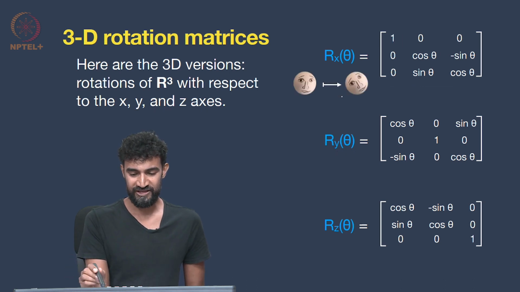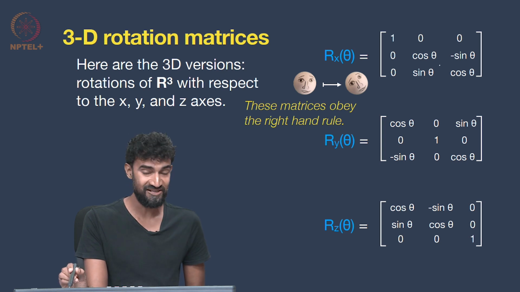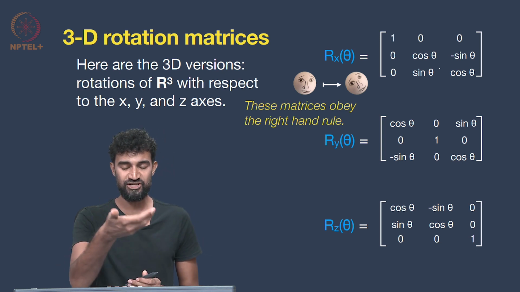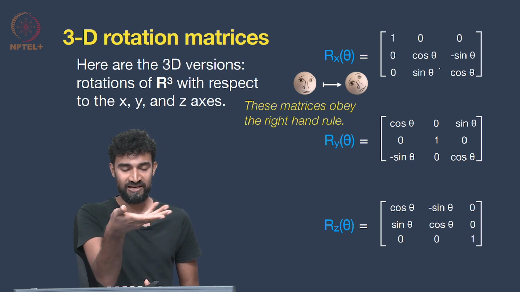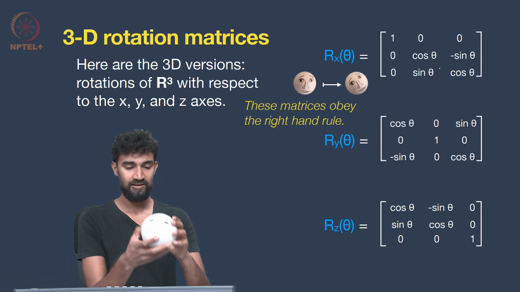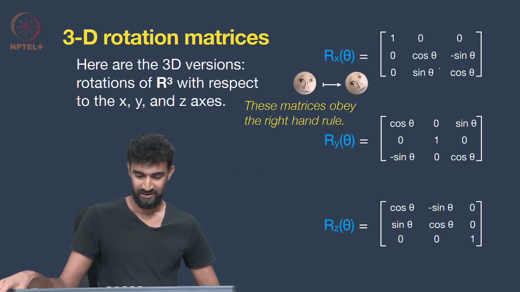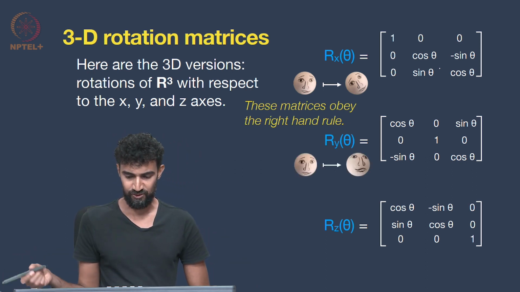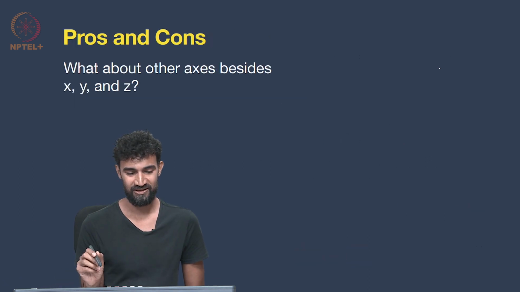And they do obey the right-hand rule. When you have a positive theta, you can just imagine pointing your finger in the positive x direction, and a positive theta will curl Bala in this direction if we apply this matrix to Bala. So they're nice. There's a lot of good things about 3D rotation matrices.